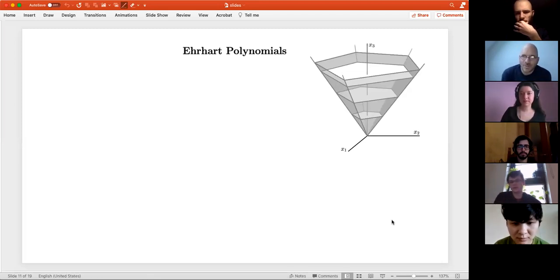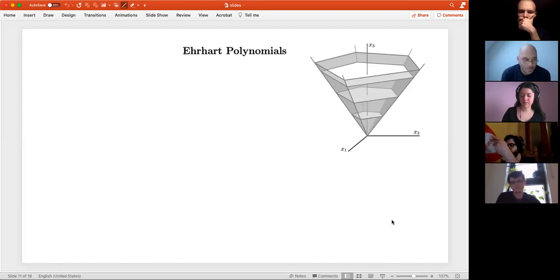By matroid polytopes, you take the indicator vectors of the bases, and that's your polytope. And then you take the face lattice of that polytope. Yeah, maybe that's a starting point.